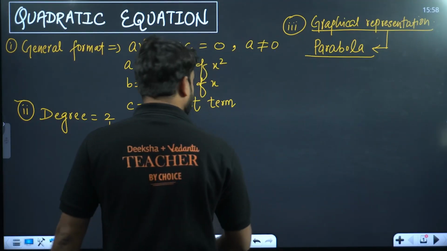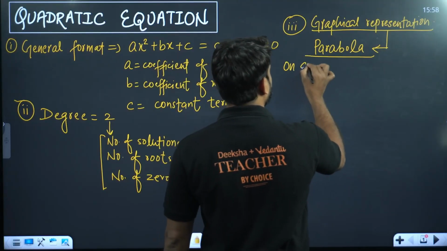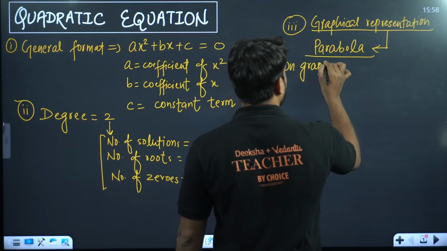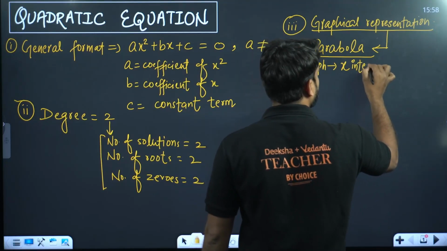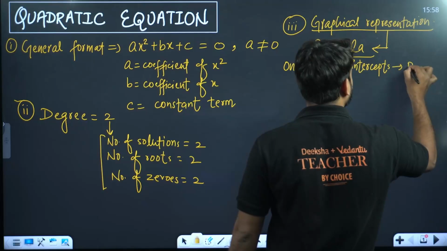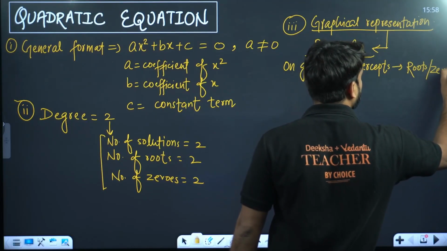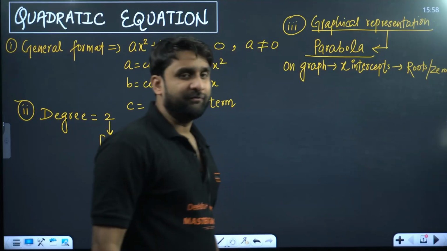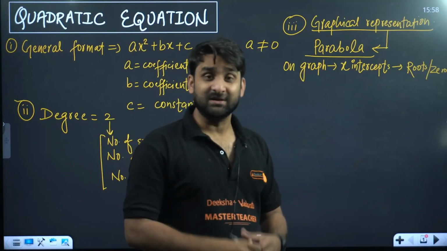First, keep one thing in mind. On the graph of a parabola, x-intercepts are the roots, or we can say zeros. I hope this is clear to you all. If you plot the graph of any quadratic polynomial, the x-intercepts are the zeros, right?